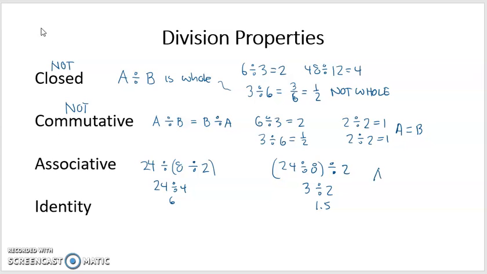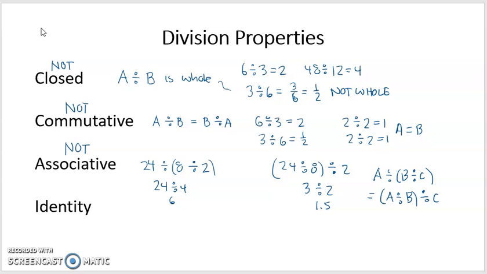The statement would be, does A divided by B divided by C, grouped one way, equal A divided by B divided by C grouped the other way? That would be the statement if it's associative. And the answer again is no. And it looks like we're sort of striking out a lot here.